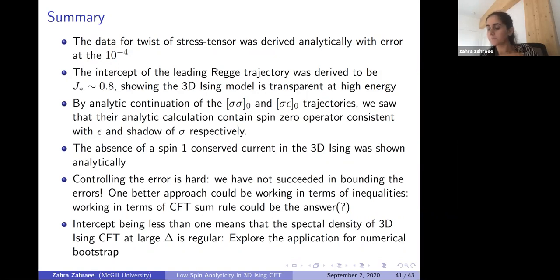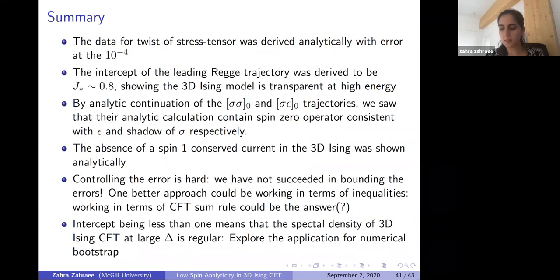What it means is that if you look at the double discontinuity of the block, which is just sine squared times the block, its contribution to the spectral density at large delta goes as delta to the power 2 j star minus 2, so that it goes to 0.